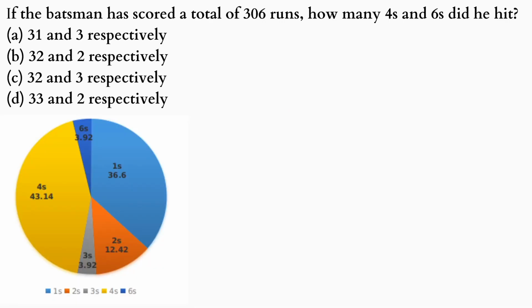So the batsman has scored a total of 306 runs. How many fours and sixes did he hit? Okay, so total score is 306, and we are asked to find out not the runs, but how many fours and how many sixes did he hit. So what is the percentage of fours here? 43.14%.